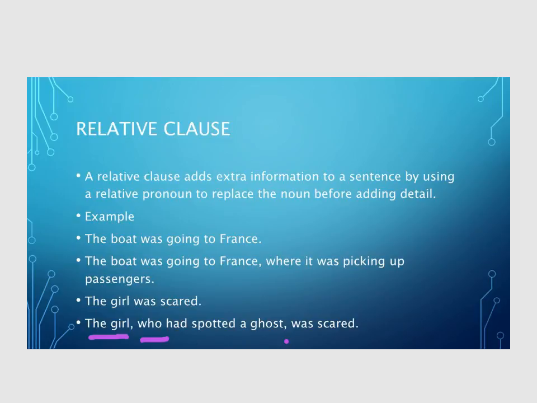Okay, just a little bit of a technical fault there, so I'll just go through that again. This time, I've still got my simple sentence, the girl was scared, but by using 2 commas and a relative pronoun, I've added the information into the middle of the sentence. So you can either use a relative pronoun and then add the extra information onto the end of the sentence, or you can use a relative pronoun and add the extra information into the middle of the sentence.